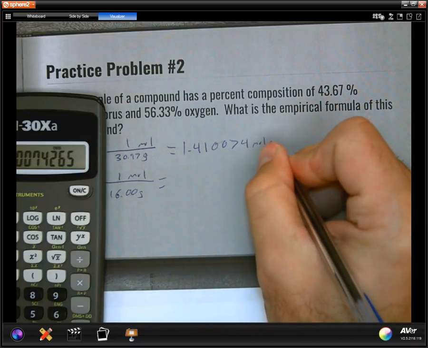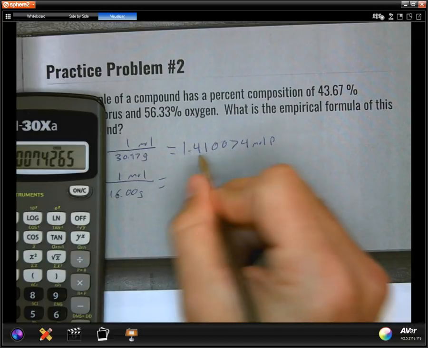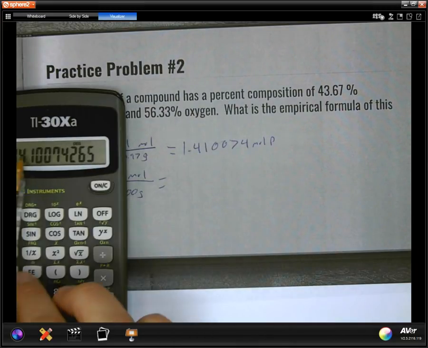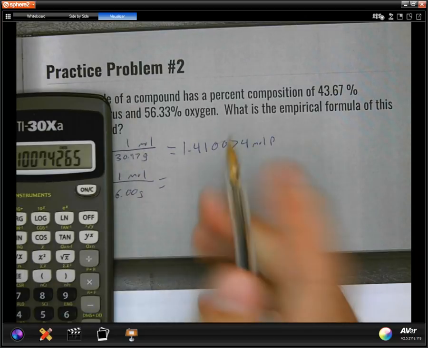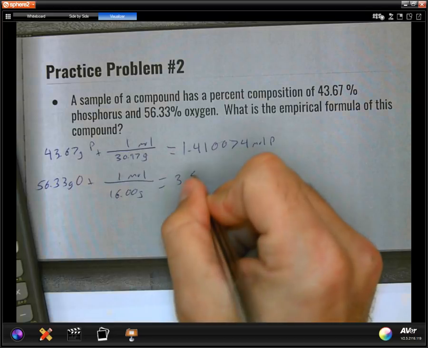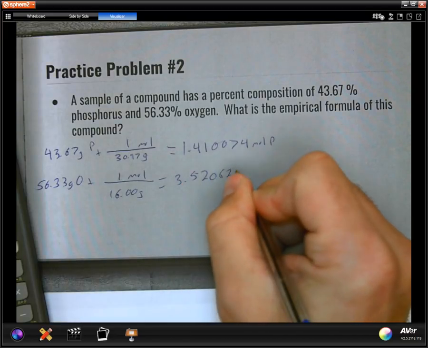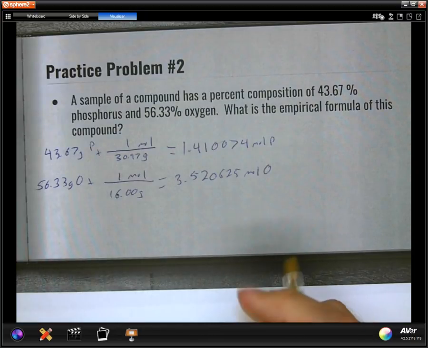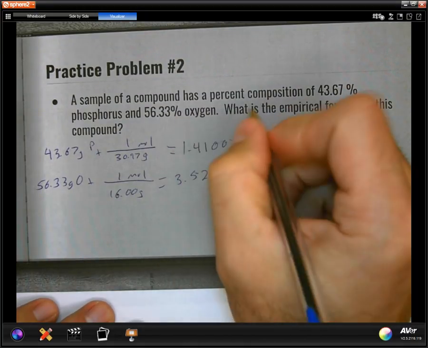So I would suggest that when you're doing these kinds of problems, keep your math out to 6. Ideally you'd keep the whole number there, but really keep it out to 6. If you do the next one, that number would come out to 3.520625 moles of oxygen.